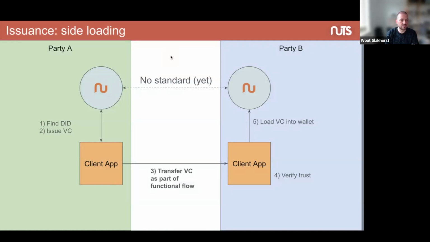But then the big difference is that you have to transport that credential yourself in the functional flow, which means that the care application is responsible for transferring that credential when needed. When it's received by the application at the other end, there's an API to just load the verified credential into your wallet. So that's the side loading part of getting credentials from one node to the other node, or from the issuer to the wallet.